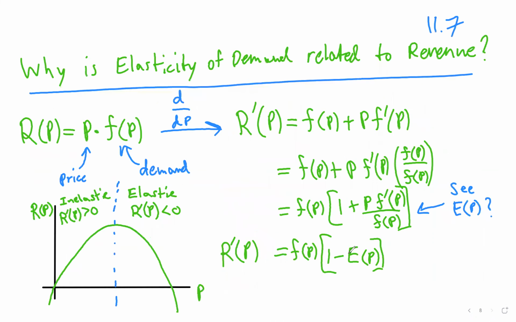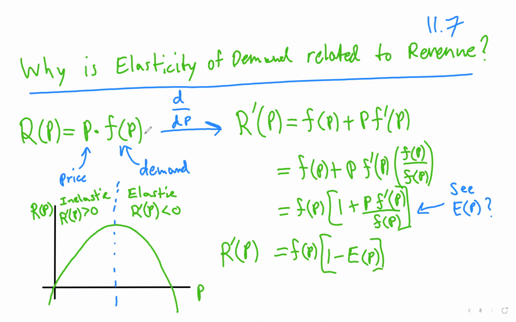We can also take a look at why exactly the elasticity of demand is related to revenue. Here are some equations and some math to work out why the derivative of the revenue is related to elasticity of demand. First off, revenue is equal to price times demand. We can rewrite our demand as a function of price, because of the relation we've been talking about, this f of p function.